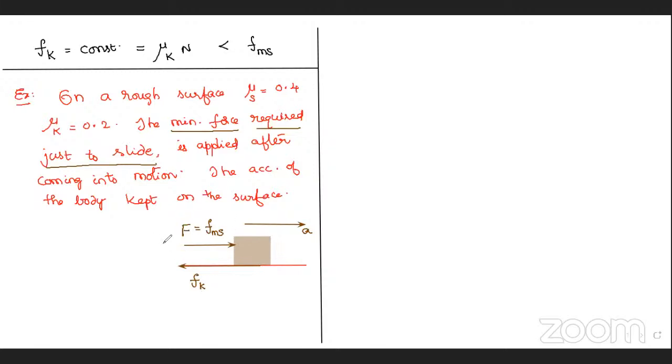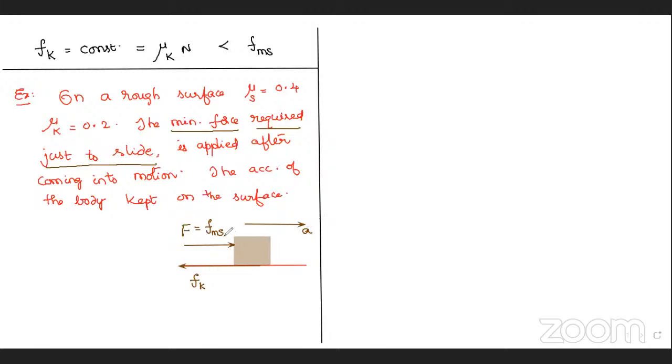Now I understood the question, sir. This is the applied force after coming into motion, and this is the kinetic friction. It is moving in this direction, so out of these two, which is greater, Nana?